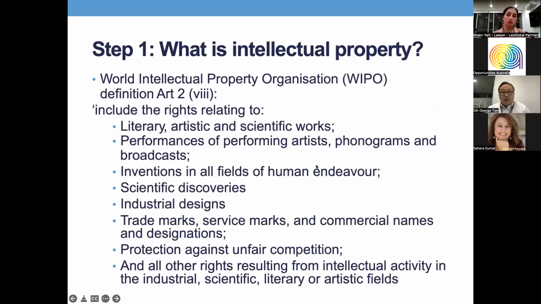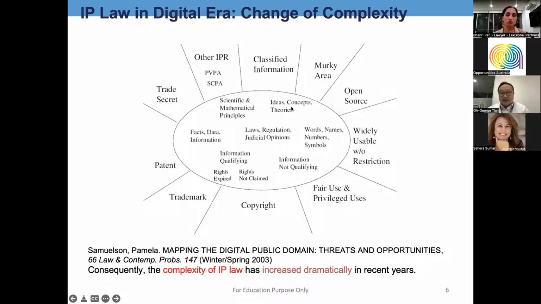When we're dealing with the definition of intellectual property, different treaties provide different definitions. But generally speaking, at the United Nations level, we have the World Intellectual Property Organization, a specialized agency of the United Nations, which administers 26 international treaties dealing with intellectual property protection.